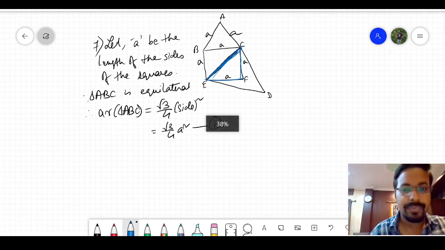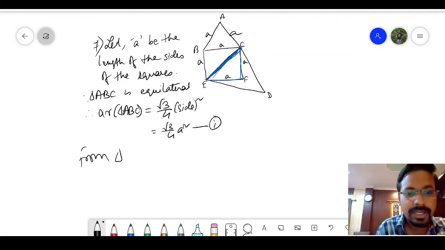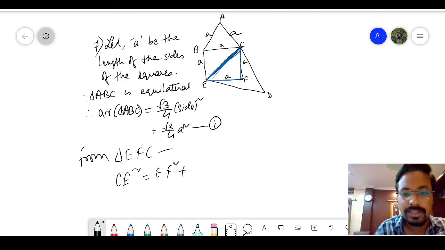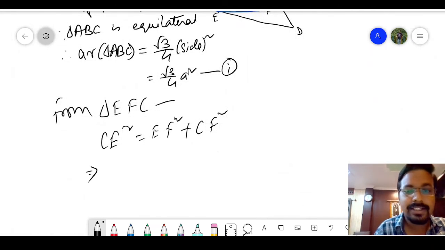from triangle EFC, what do we have? CE square is equal to EF square plus CF square. What is CE?